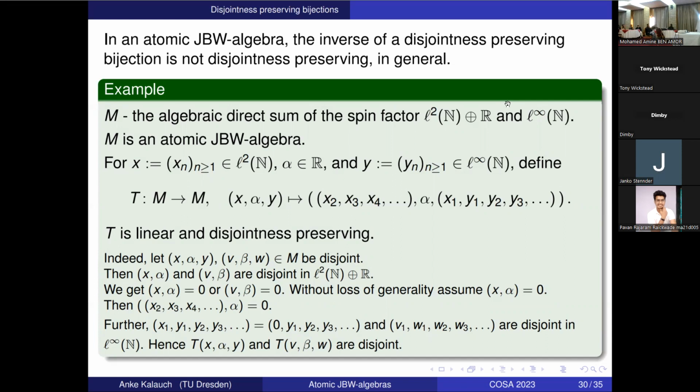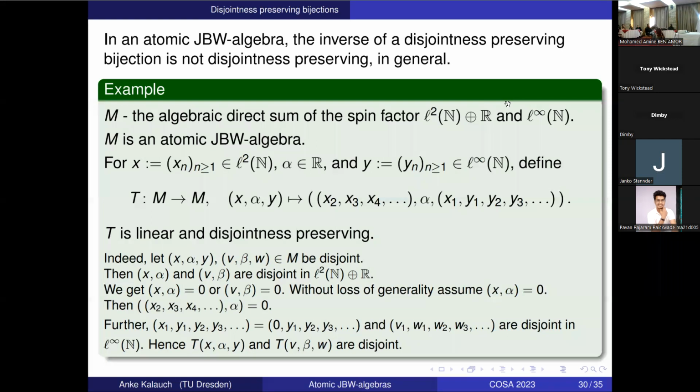And the operator T steals the x1 from the spin factor and puts it into the sequence space L infinity. And this operator is linear, of course, and disjointness preserving. And the reason is kind of that here in the spin factor, we don't have disjointness. So one can really calculate that this operator is disjointness preserving.